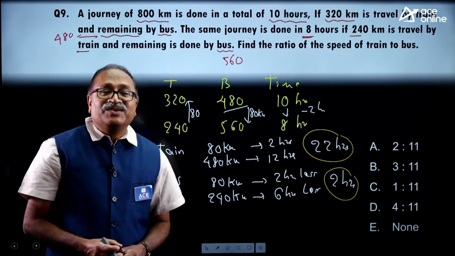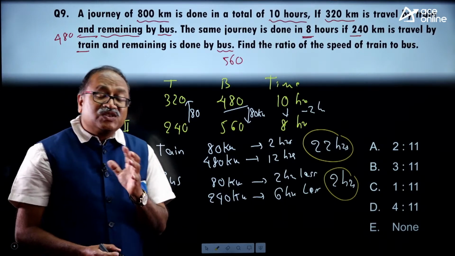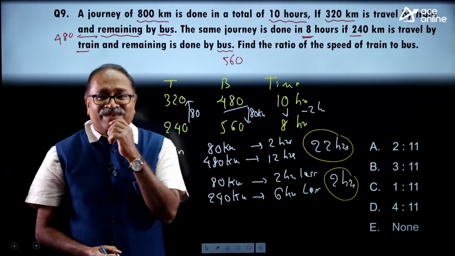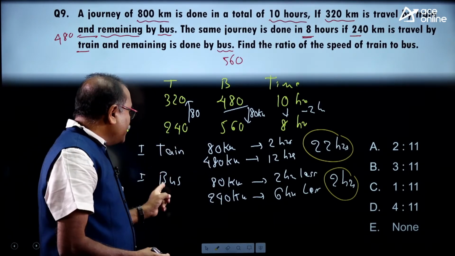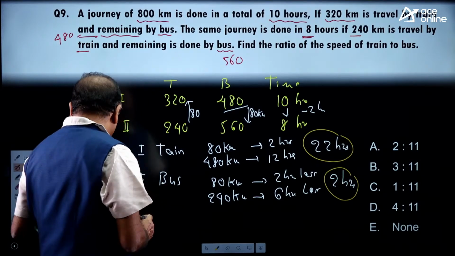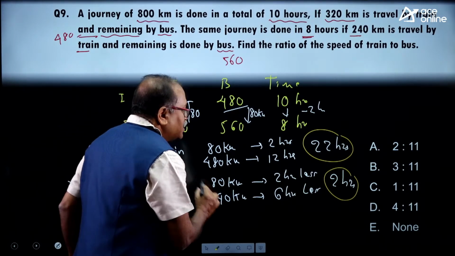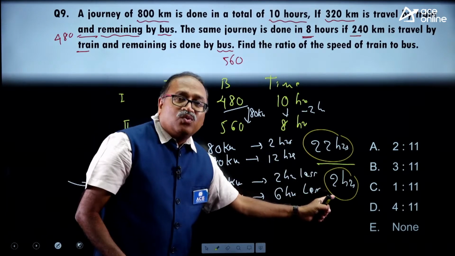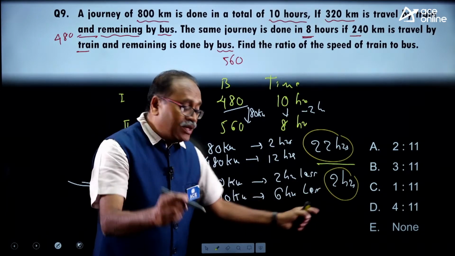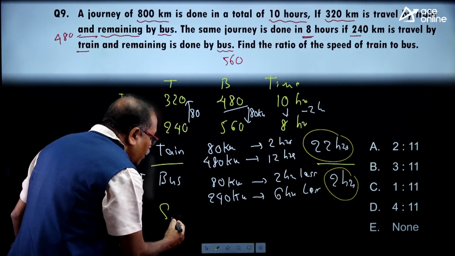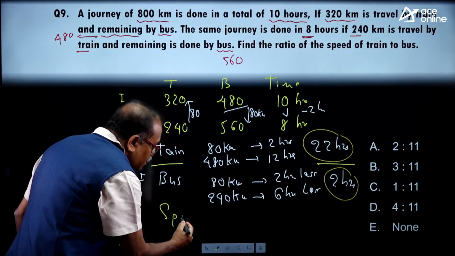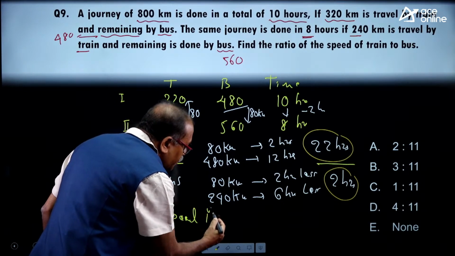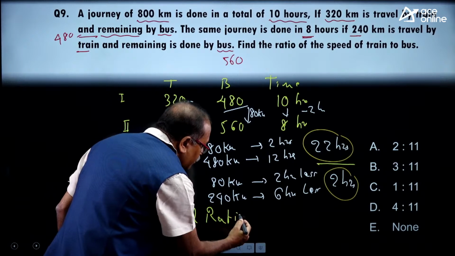Here we have to find out the speed ratio. What did I get here? Train by bus. If you look at this one, train by bus, the time ratio is 11 by 1. Time ratio. Then what will be the ratio of the speed? Speed ratio. The speed ratio will be the reverse of the time ratio.